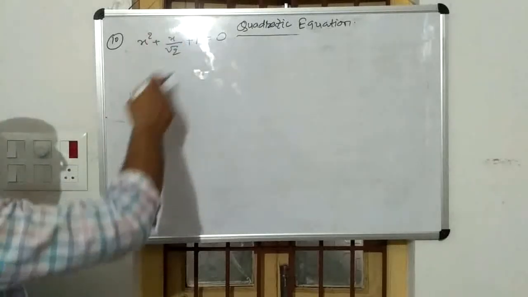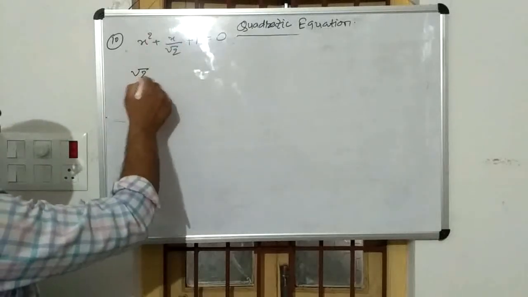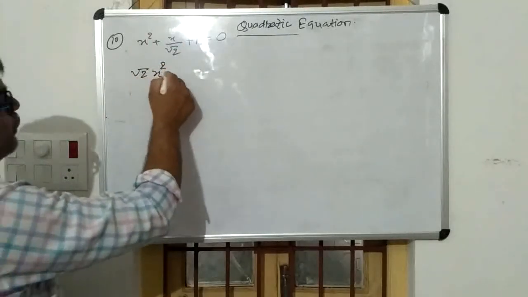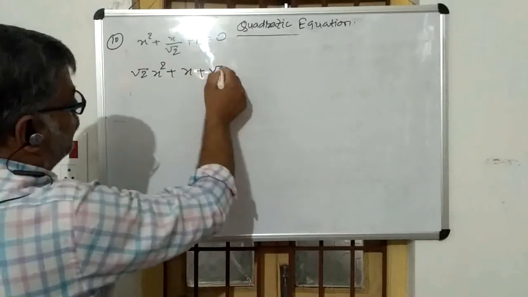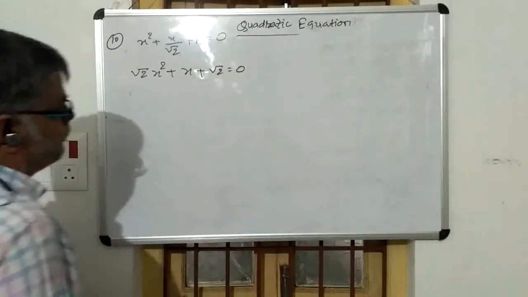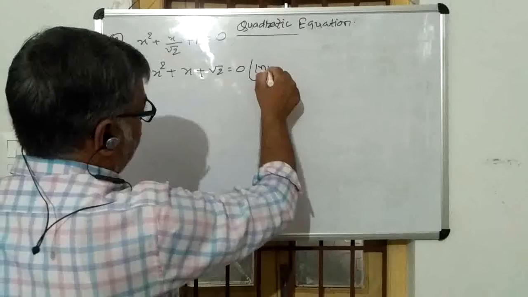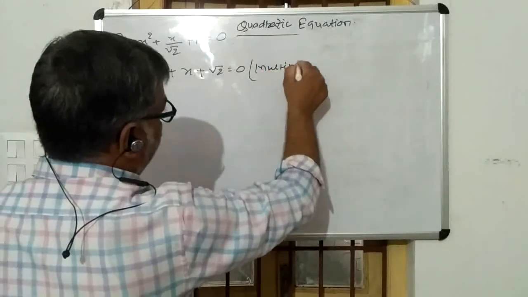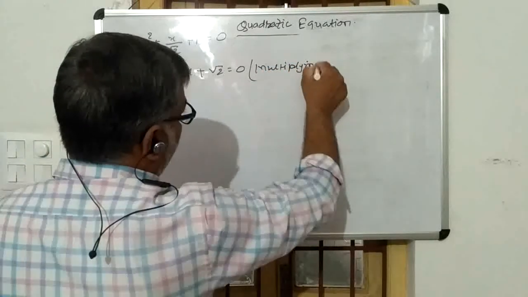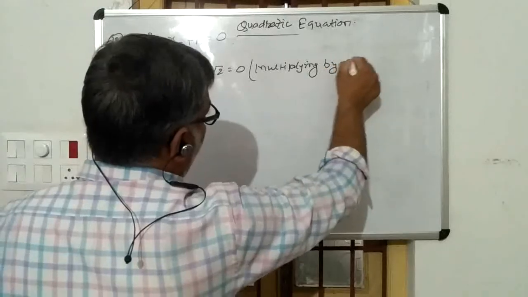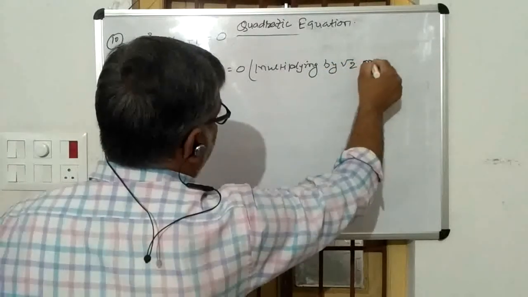So when you multiply by root 2 on both sides, then you will have root 2x square plus x plus root 2 equals to 0.